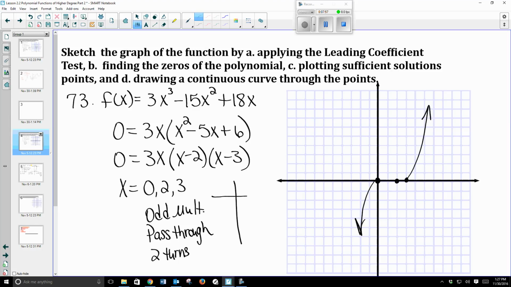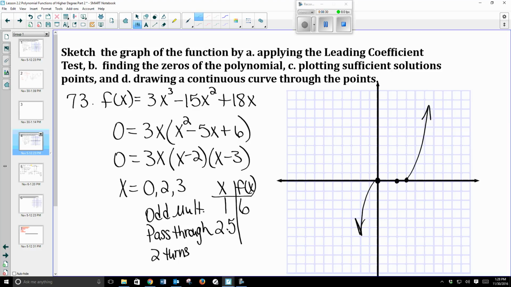Let's plot some points here. Between 0 and 2, let's do 1, and between 2 and 3, let's do 2.5. So if I plug in 1, I get 6, when I plug 1 into this original formula, or equation, function. When I plug in 2.5, I get something I cannot do in my head.